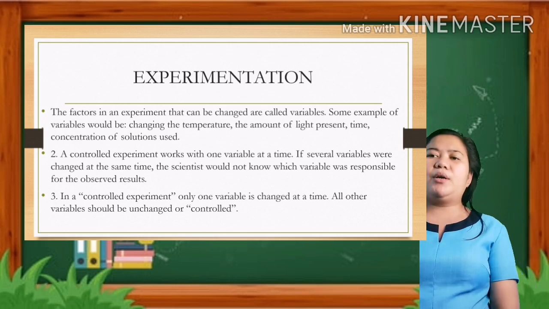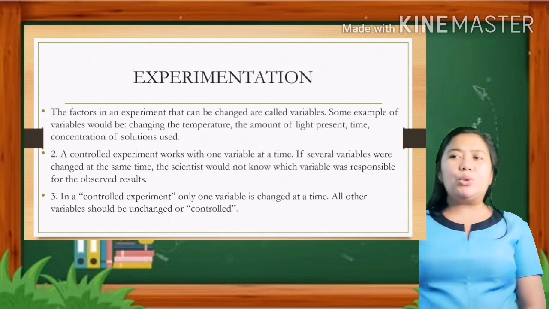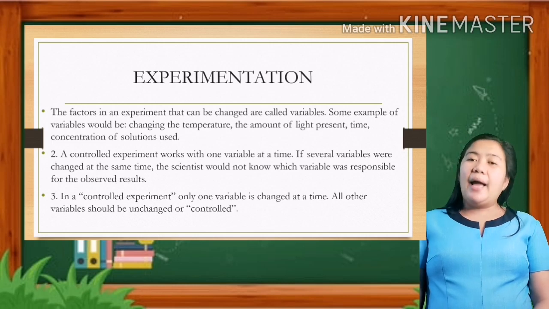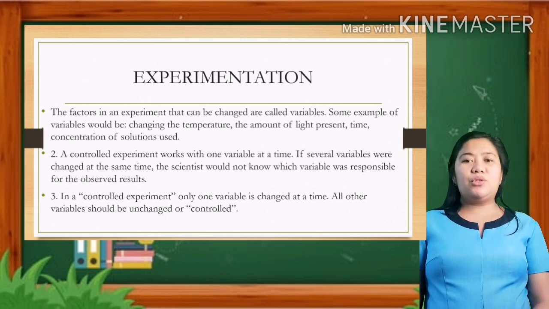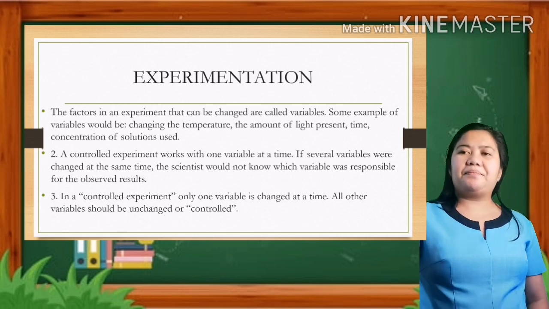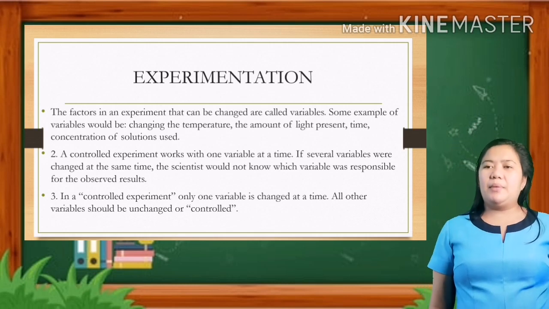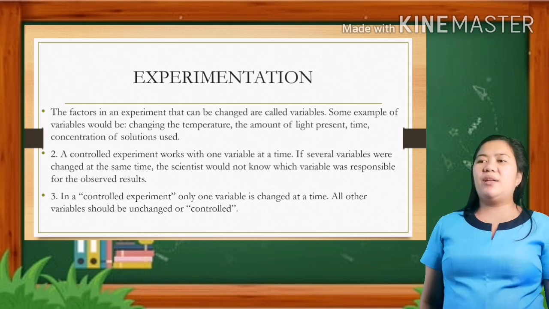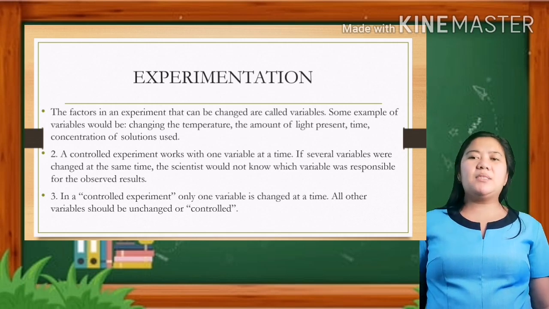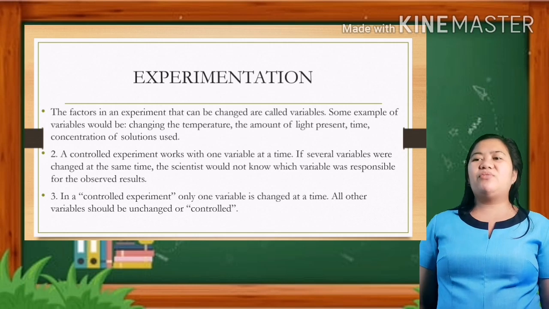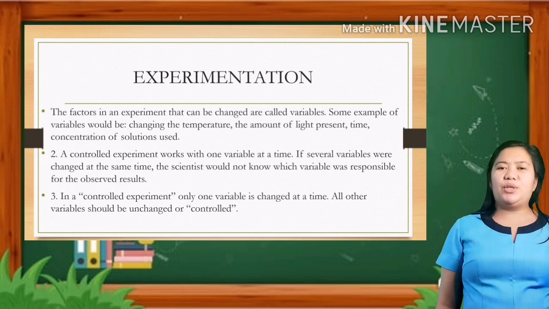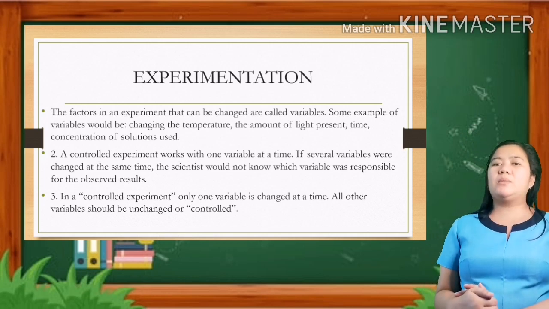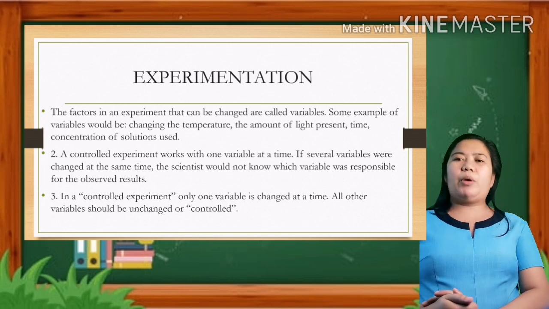Some examples of variables would be changing the temperature, the amount of light present, time, concentrations of solutions used, etc. A controlled experiment works with one variable at a time. If several variables were changed at the same time, the scientists would not know which variable was responsible for the observed result.